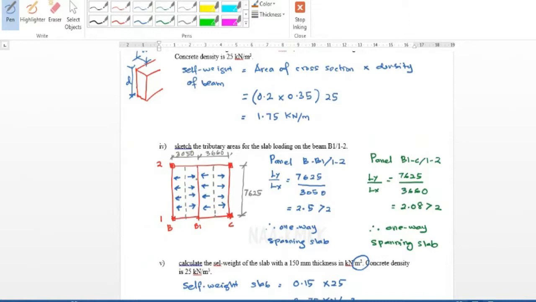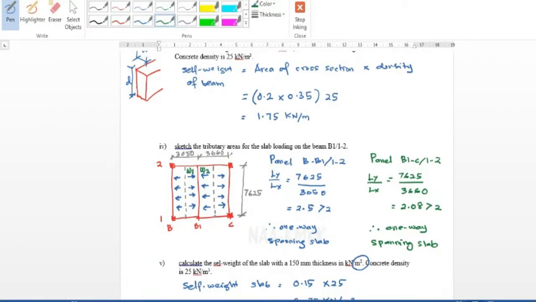But this beam just supports half of it, so here we will determine the value of W1 and W2.